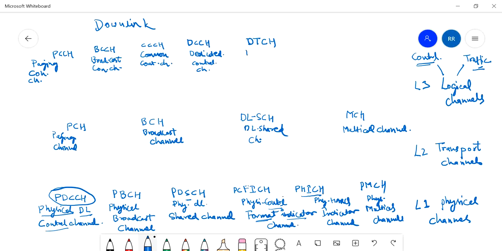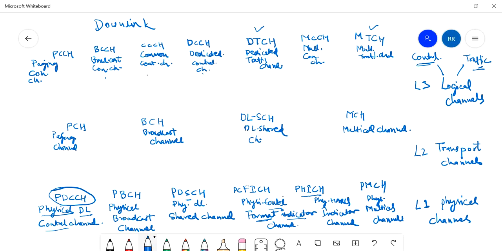Next is MCCH, the multicast control channel. Another one is MTCH, multicast traffic channel. So in logical channels, DTCH and MTCH are traffic channels, and the rest, one, two, three, four, five, are control channels.